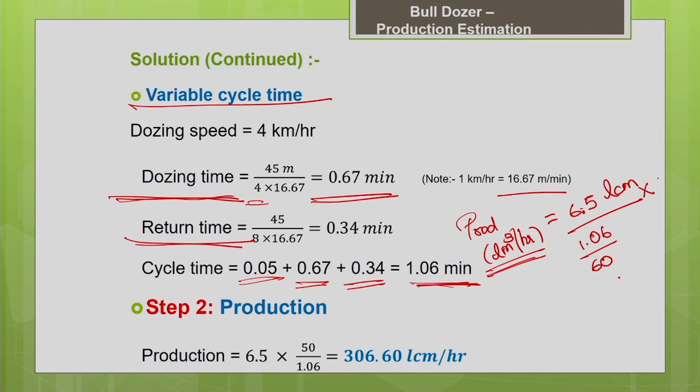And one more important thing, you have to multiply it by the job efficiency. So you are going to work for how much time in an hour. That is job efficiency, working efficiency. 6.5 divided by, let me simplify, 6.5 into 60 divided by 1.06. So what is the job efficiency? It works for 50 minutes in an hour.